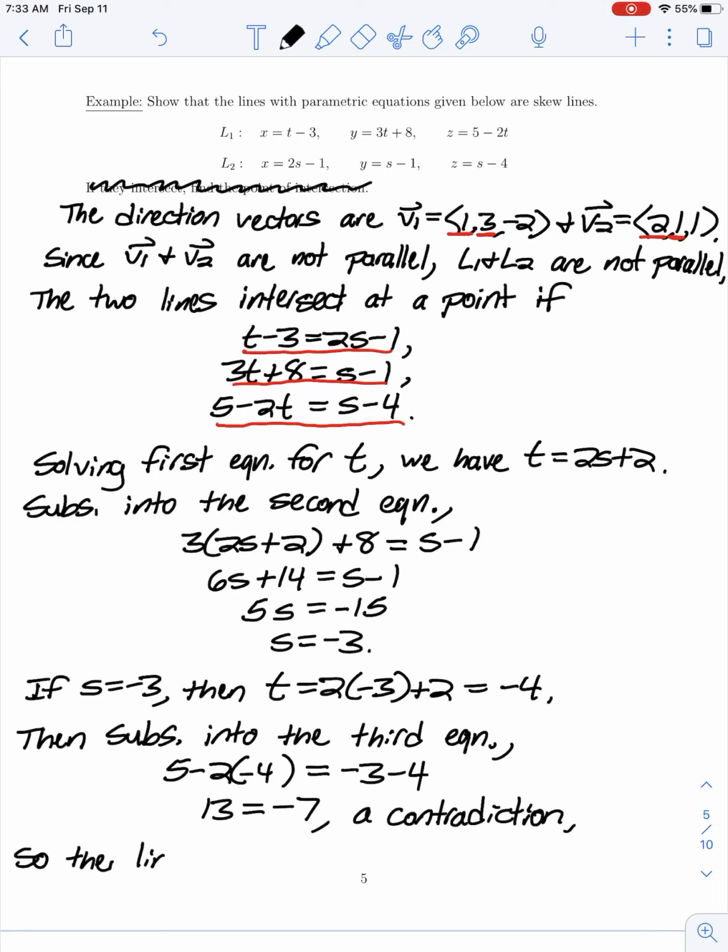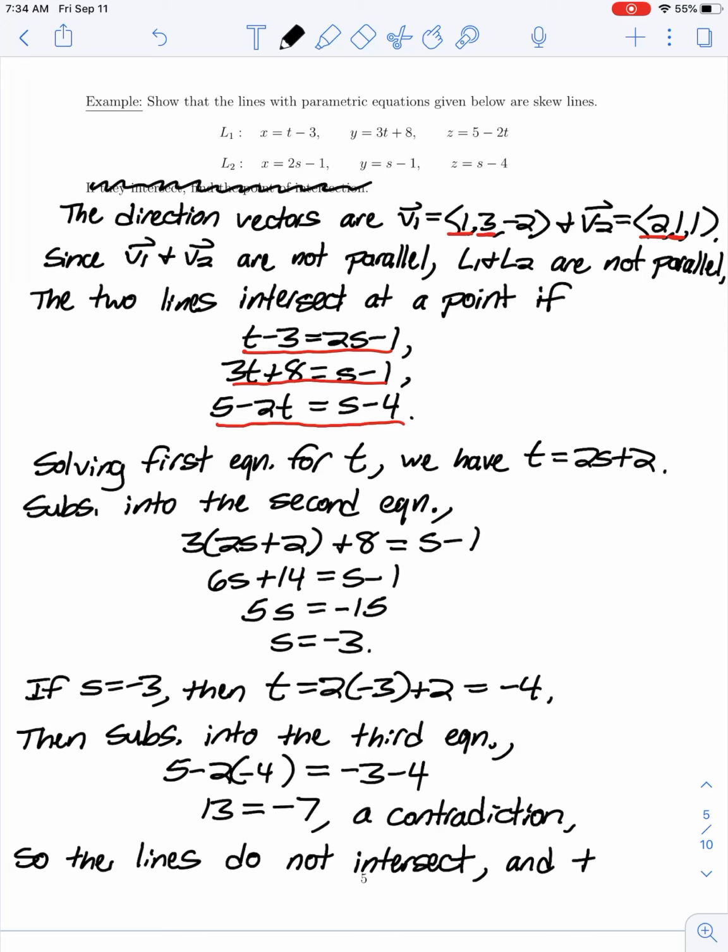So here we could say the lines do not intersect. So we've shown that they are not parallel and they do not intersect.